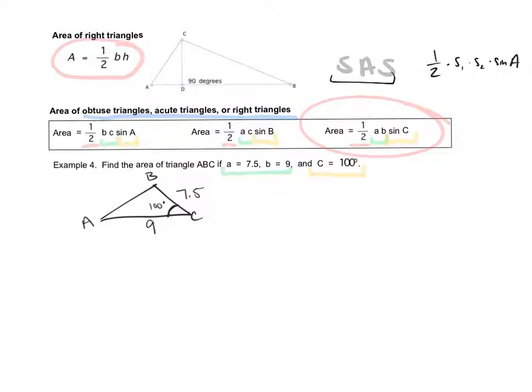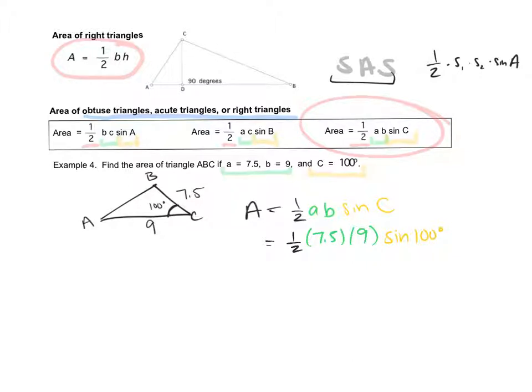So let's plug this in. We know that the area is going to equal 1/2 A times B times the sine of C, which equals 1/2 times 7.5 times 9 times the sine of 100 degrees.